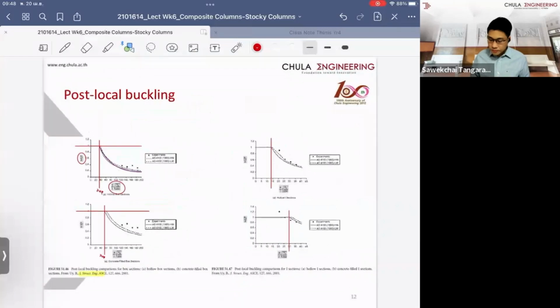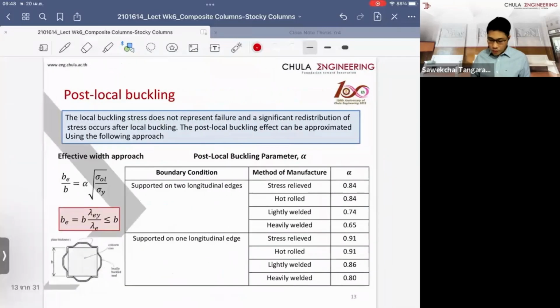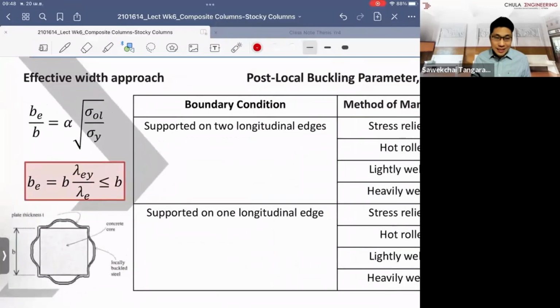And what about when we want to calculate the effective areas of the cross section and how we can approximate them, right, according to the local buckling. The way we do it is similar to what we use in what is called the steel design, right? Some other, if you want to be more precise, we use this equation.